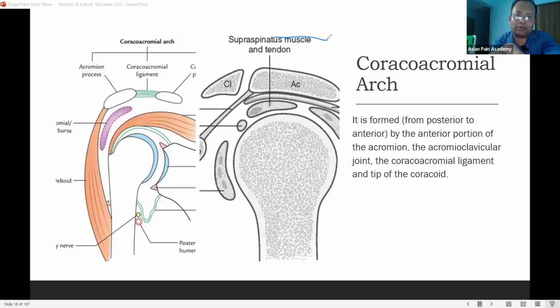Because the supraspinatus muscle and tendon are passing through this part. So this is the supraspinatus tendon. Think of some situation, if the head of humerus goes up, or for some reason this part comes down, and there is a narrowing of the space between the coracoacromial arch and the head of humerus, then there will be compression on this tendon. So this area is very important.